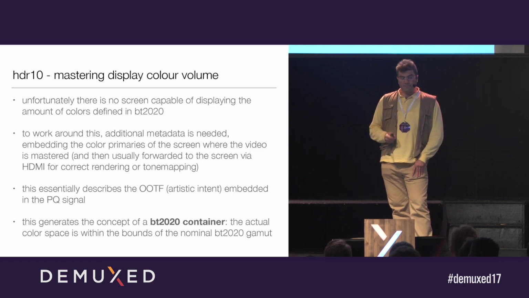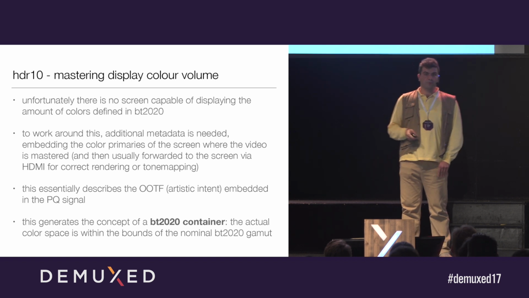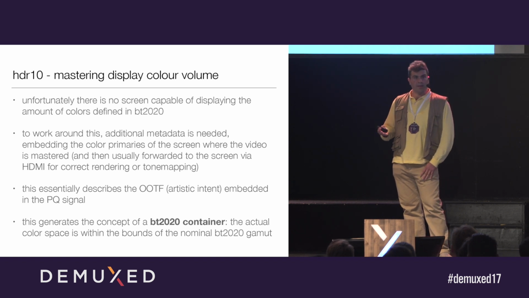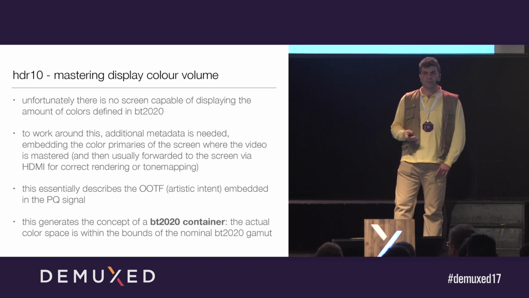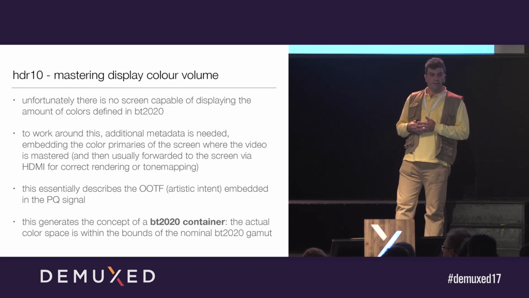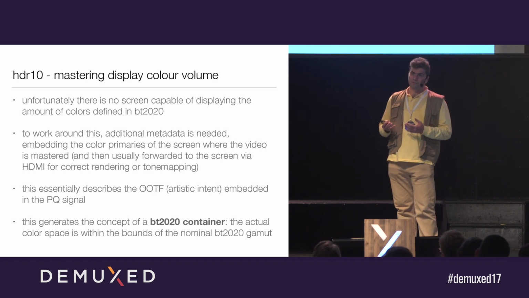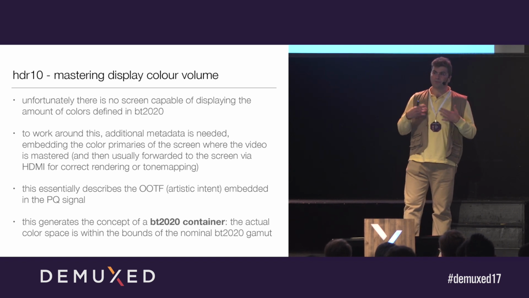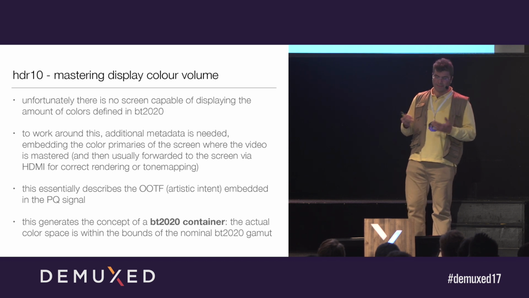One of the metadata that we're going to talk about is mastering display. It was introduced because there is no display capable of showing the gamut of BT.2020. So it was introduced to record the colors of the mastering display, where the grading happened, so that the director could give its own cut to the colors present in the scene.